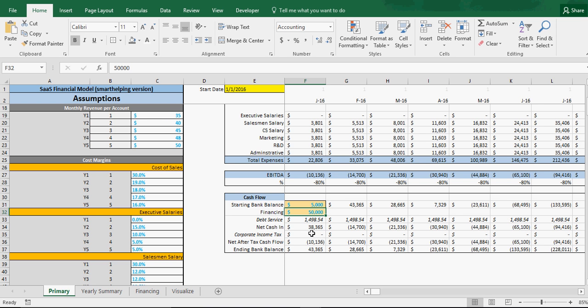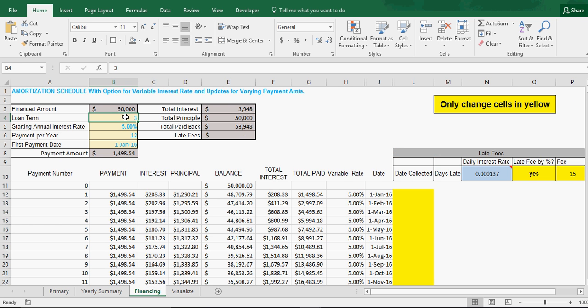Also, when we're talking about the corporate income tax, it's adding back the interest paid for the period. So, this is a 5-year model, but say I only want to do financing for 3 years.